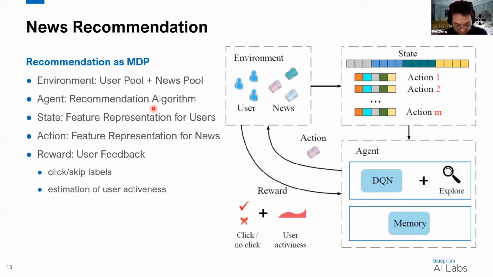So a list of the news items would be sent to the users, and then the recommendation algorithm would fetch the user's feedback as the signal for training. All these recommendation and feedback logs would be stored in the memory of the agent for the episode replay, as we have seen in the DQN algorithm. So every 1 hour, the agent will use the logs in the memory to update its recommendation algorithm.